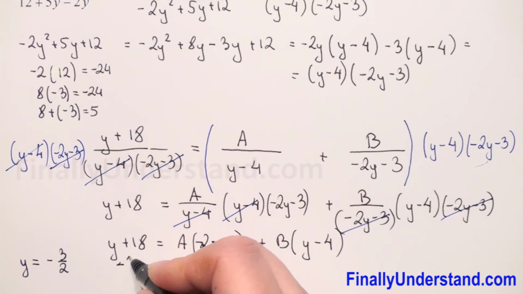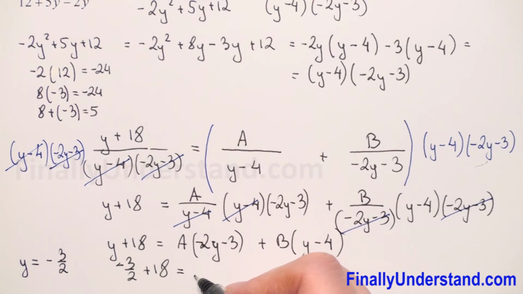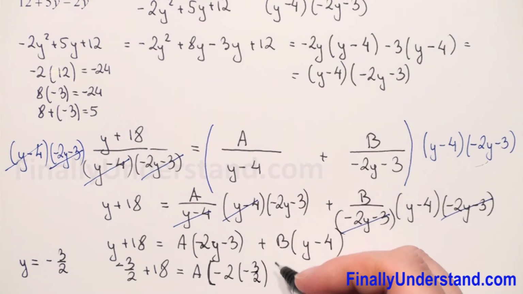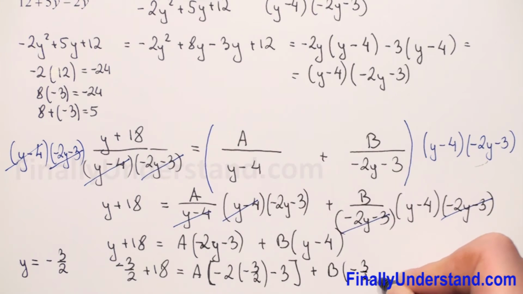So it will be negative 3 over 2 plus 18 on the left side. And on the right we will have negative 2 times, so let me write this in brackets because we will have inside parentheses, negative 3 over 2 minus 3, close brackets, plus b times negative 3 over 2 minus 4.